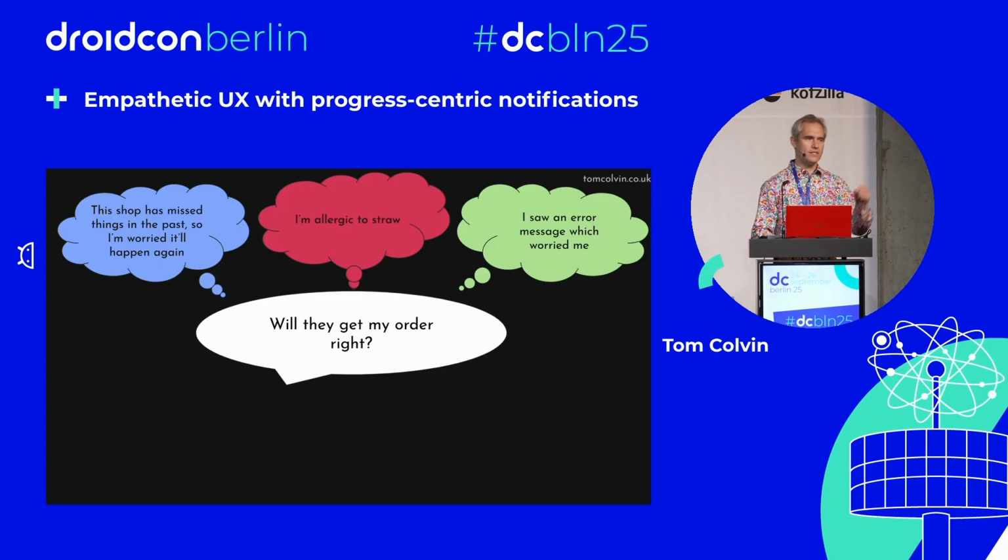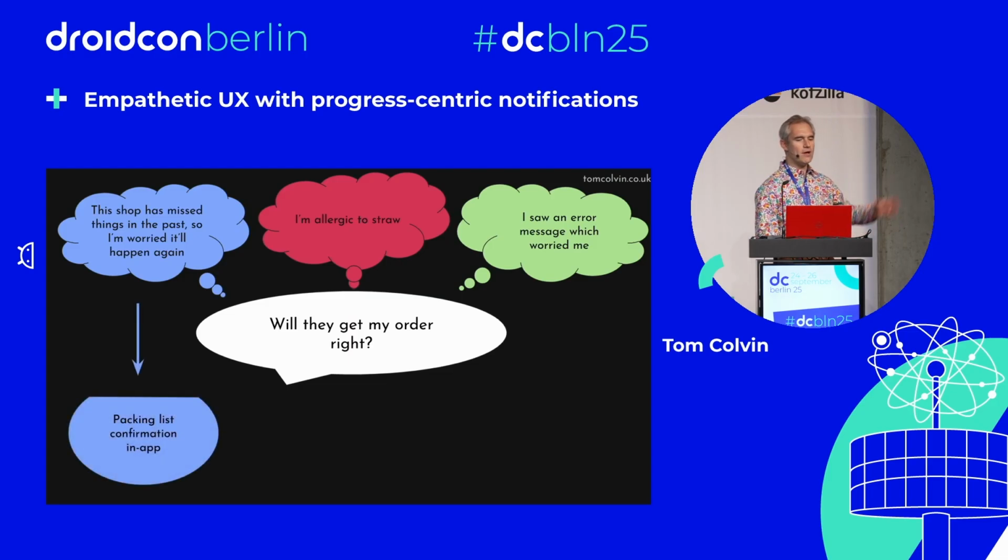And what is interesting is that each of these concerns have a different solution. So if you're worried about the fact that the shop has messed up, well, one example solution could be, if we have a packing list confirmation in the app, then you can see who's ticked off what's going to be delivered and what's inside the box.